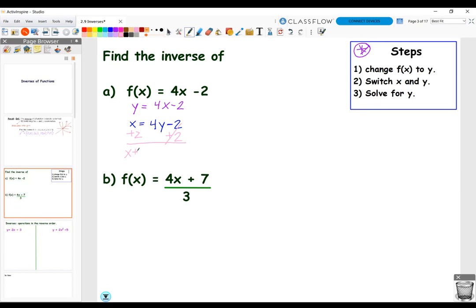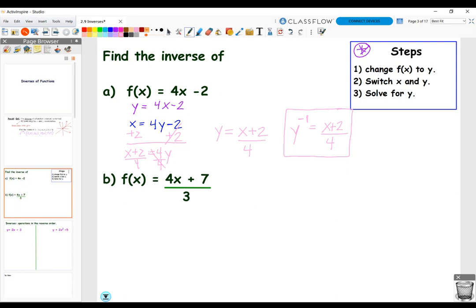So I get x plus y is equal to 4y divided by 4. I get y is equal to x plus 2 over 4. Now I can't leave it as y is equal to, because I'm talking about the inverse. So for my final answer, I'm going to write the inverse notation, again to distinguish between my inverse and my original function.